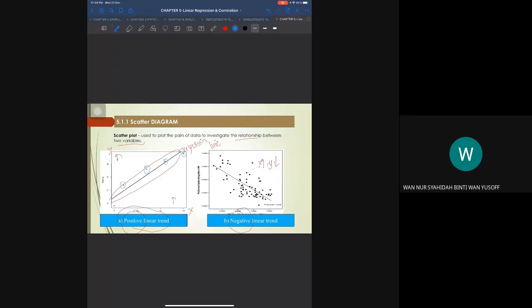The scatter plot can only confirm the direction, whether we have a positive or a negative relationship. It is not strong enough to discuss the strength, but we can get a good sense. If your data points are close to the regression line, it means we have a strong relationship. If your data points are far from the regression line, then we have a weak relationship.